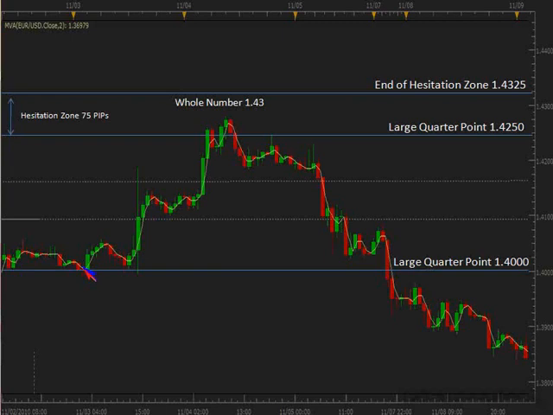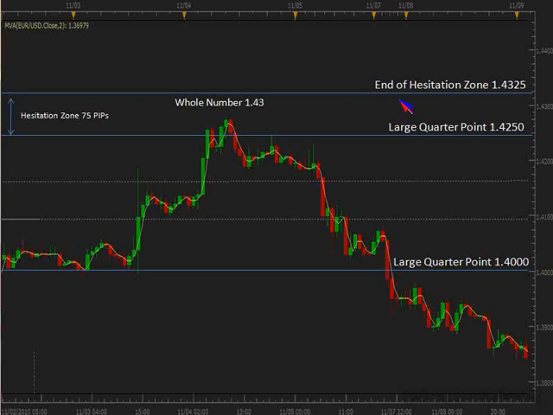And you will see that besides the hesitation zone and the point that marks the end of the hesitation zone, which in the euro-dollar example here would have been $1.4325, we also have the half point of the large quarter, and then we also have another important price level, which is the whole number preceding a large quarter point, which I'll discuss in a few minutes.